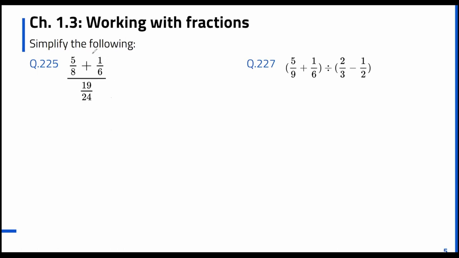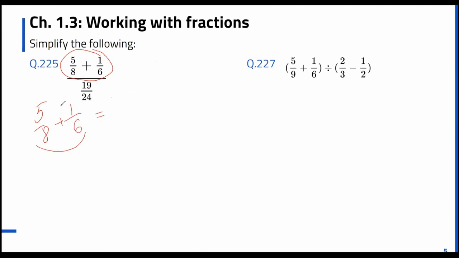So here we firstly look at the top of the fraction, the numerator, I suppose. So we have 5/8 plus 1/6. Here we also need to find a common denominator. 8 and 6.